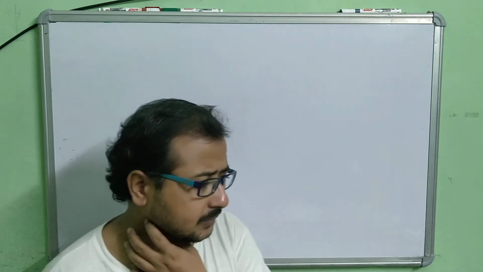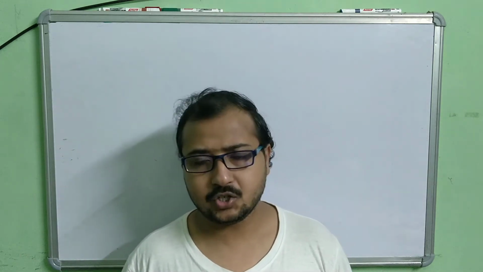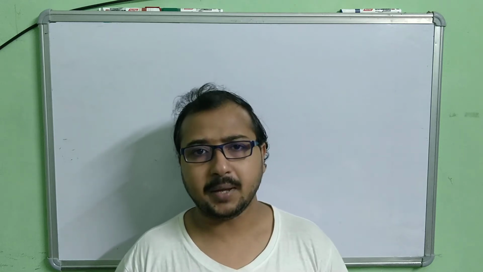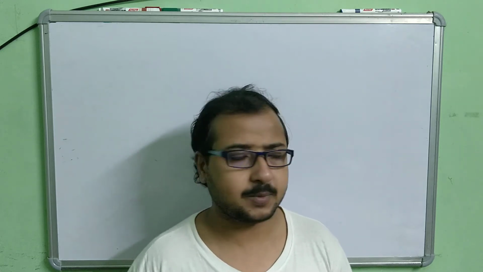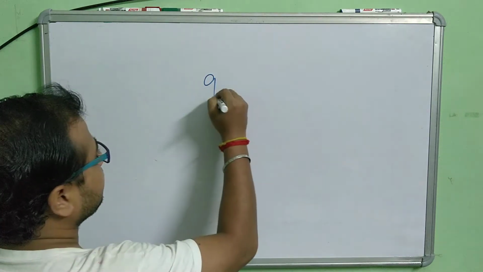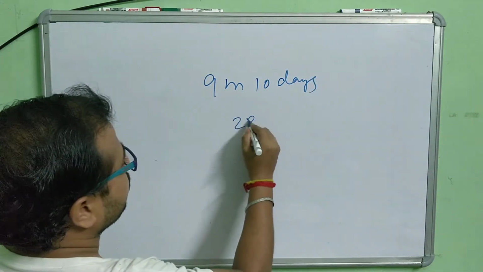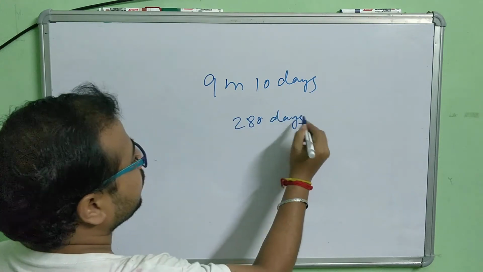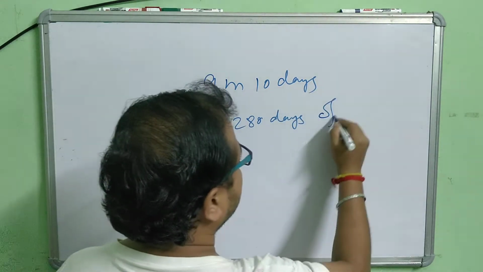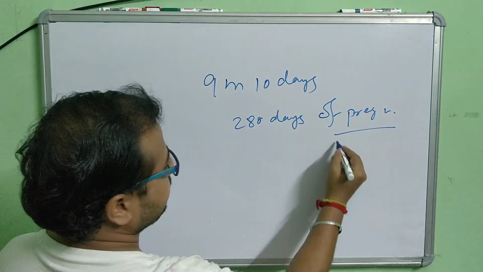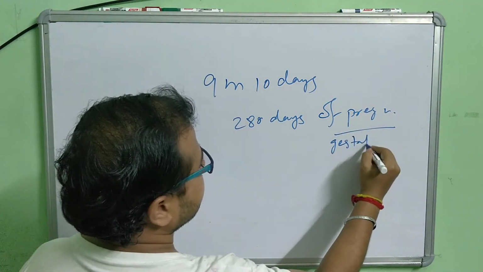Now if you look at parturition and lactation, parturition is the process of delivery of the baby. It takes place after 9 months and 10 days, that is, 280 days of pregnancy, which is also known as the gestation period.